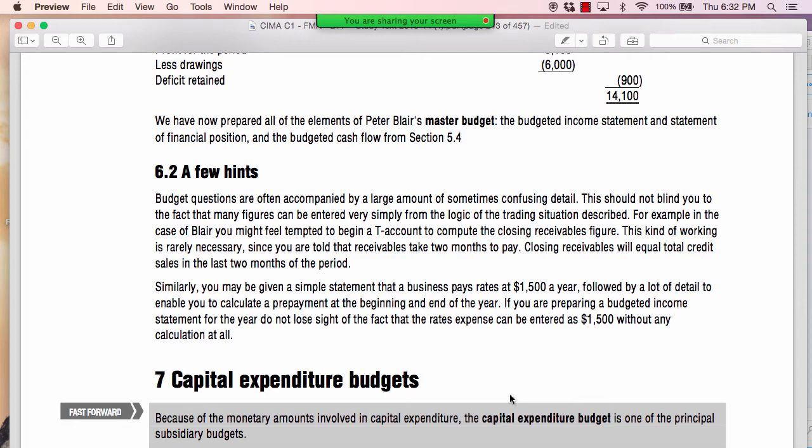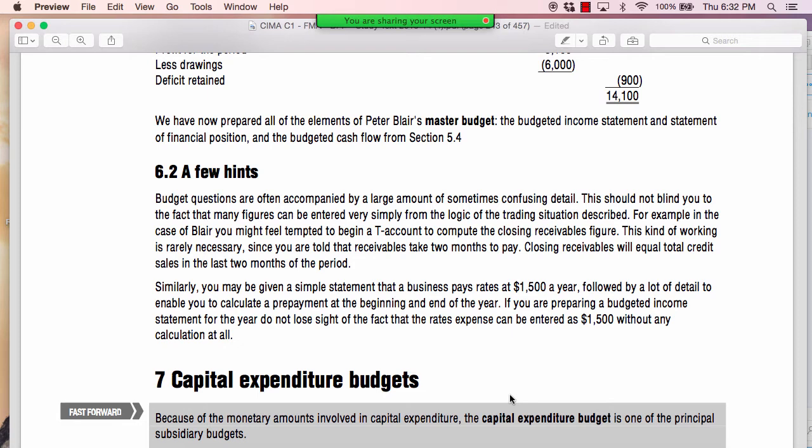Now, some hints. Budget questions are often accompanied by a large amount of sometimes confusing detail. Examiners love to confuse us, okay? This should not blind you to the fact that many figures can be entered very simply from the logic of the trading situation described. So you really don't have to do T accounts and stuff like that.